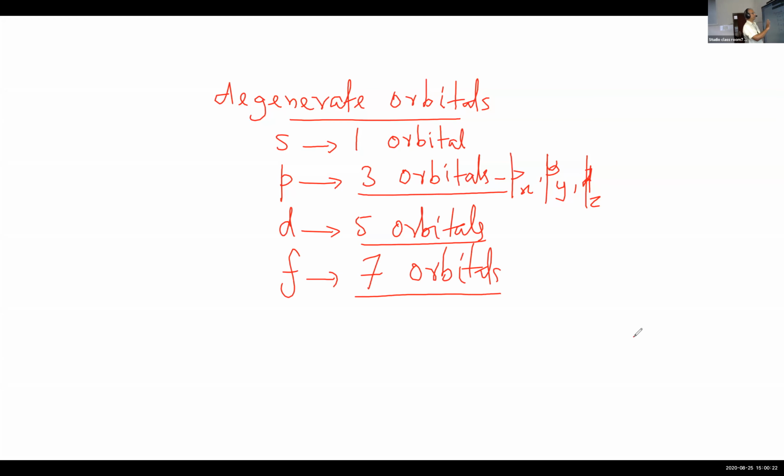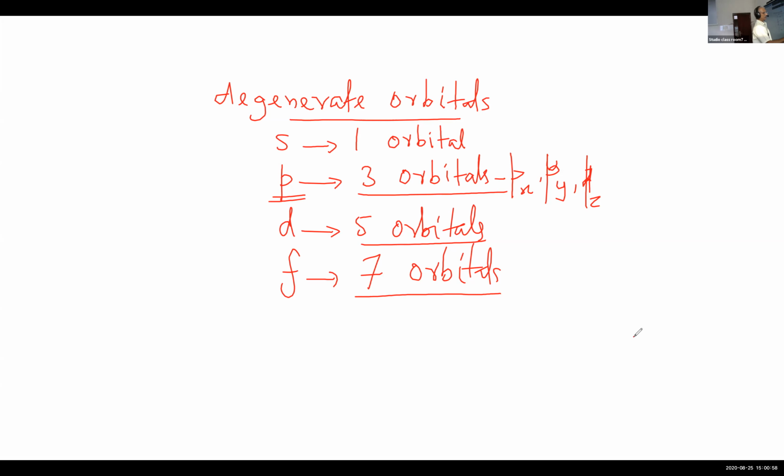You know, in the p subshell there are 3 orbitals. As you know, they are px, py, pz, mutually perpendicular along the 3 perpendicular axes in the Cartesian system, and they will be having the dumbbell shape also. All these things we know. But these 3 orbitals in the p subshell will be having the same energy.